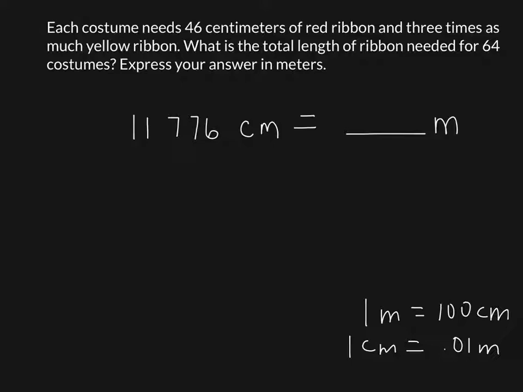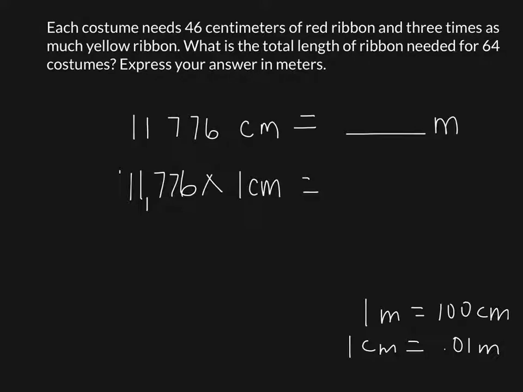I could also, okay, sorry, dog was barking. I could also write this as a fraction, but for this one, I'm going to write it as a decimal. So that means that I have 11,776 copies of 1 centimeter.